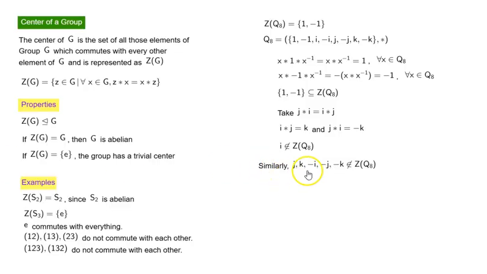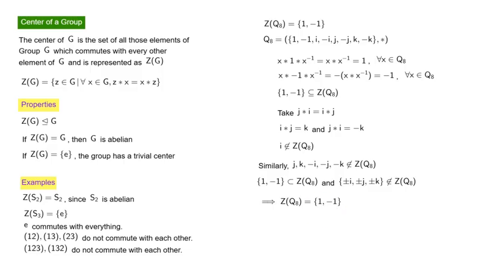Similarly, j, k, -i, -j, -k are not in the center of Q8. So the set containing 1, -1 is a subset of Z(Q8), and plus or minus i, plus or minus j, plus or minus k are not in the center of Q8. Which implies Z(Q8) is equal to {1, -1}.